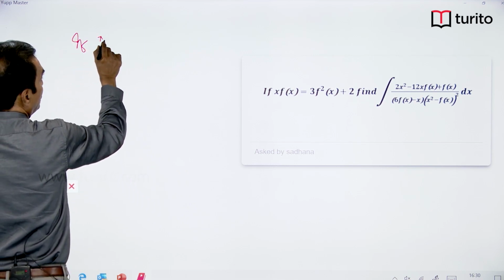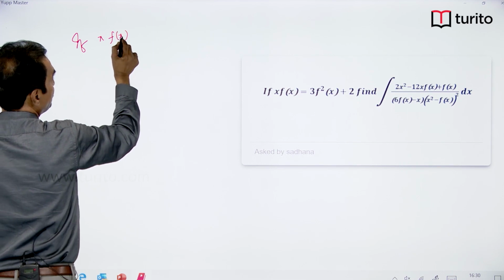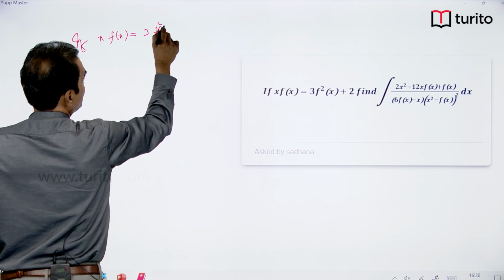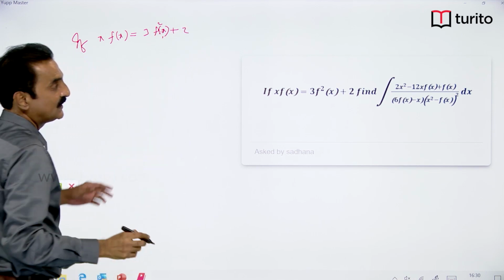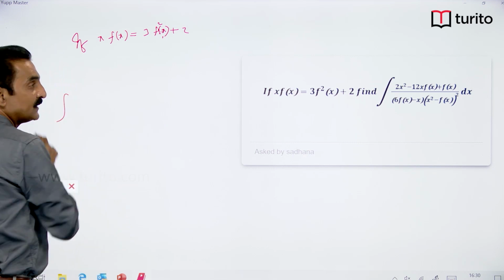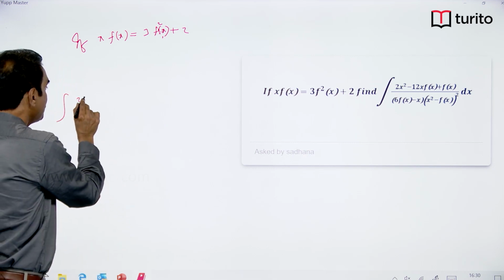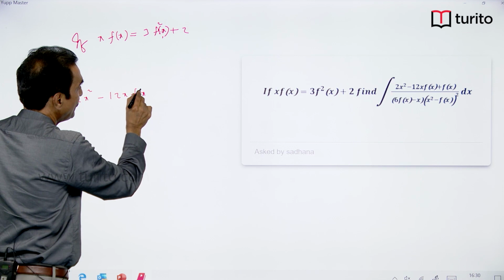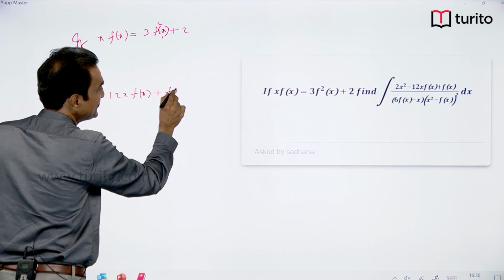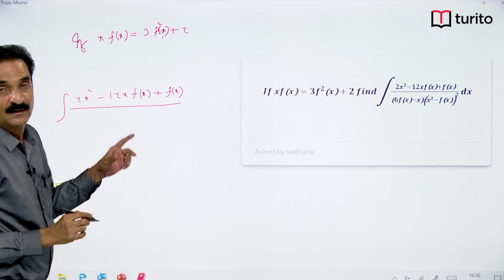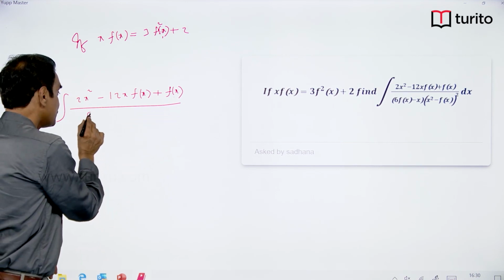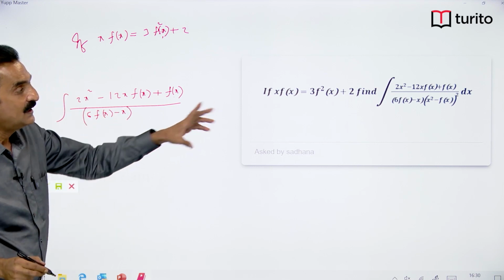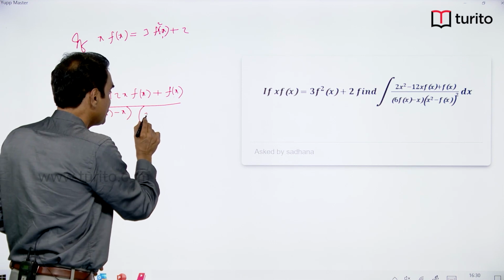If x f of x is equal to 3 f square x plus 2, we have to find the integral of (2x square minus 12x f of x plus f of x) by (6 f of x minus x) into (x square minus f of x) whole square.